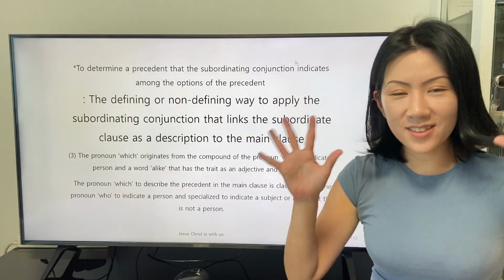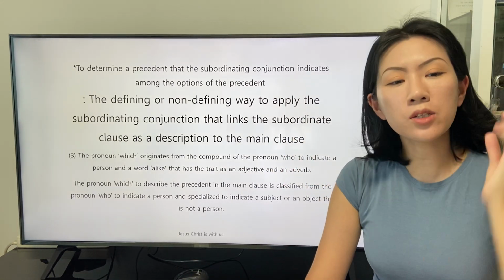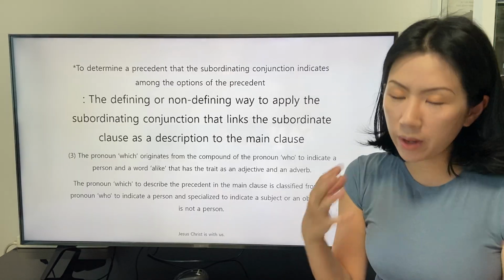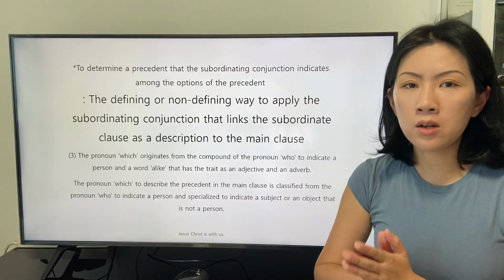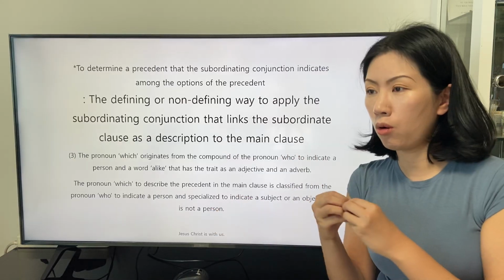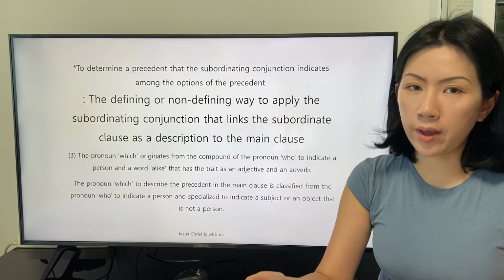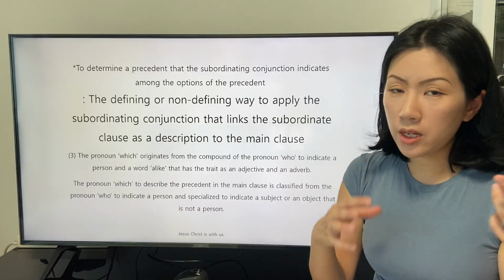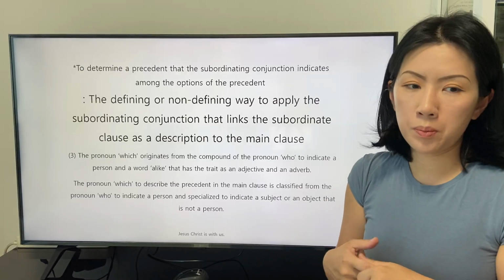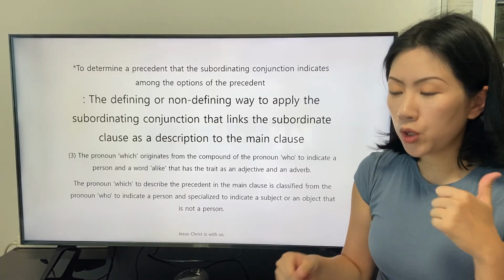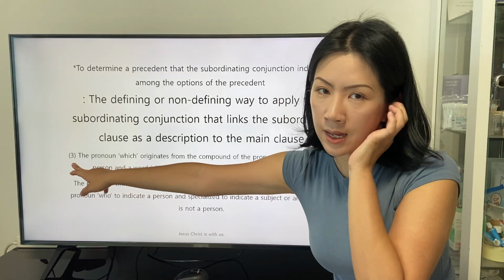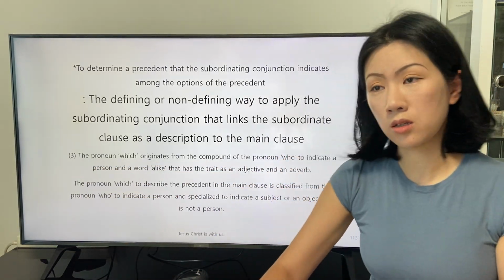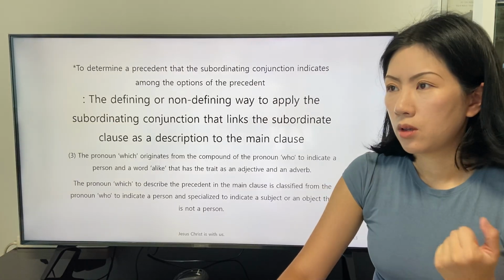Good afternoon. Today we will continue to study the way that we link the subordinate clause to the main clause in a defining way or in a non-defining way. We've studied the pronouns who and whom in the first and second steps.